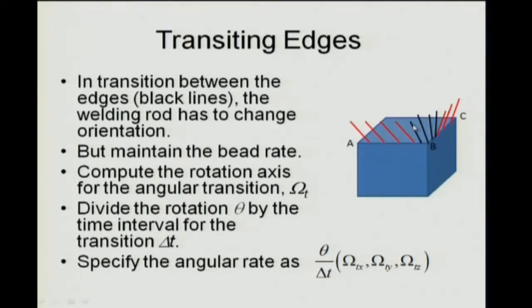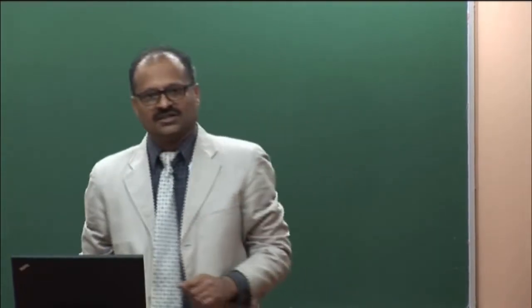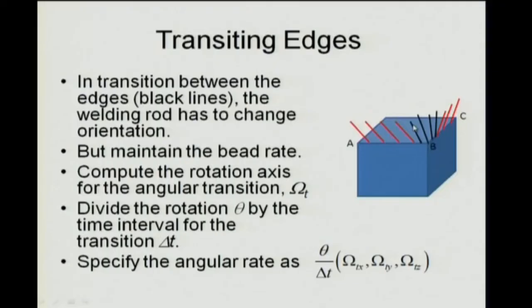So if I am welding around here, I start from this edge, fine, I keep coming, but somewhere here, I know that when I am here I have got to be looking like this. So I have got to do this transition, from this to this. That is the transition I am looking at.